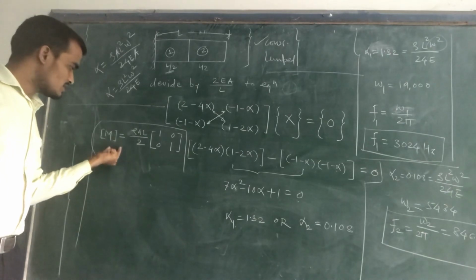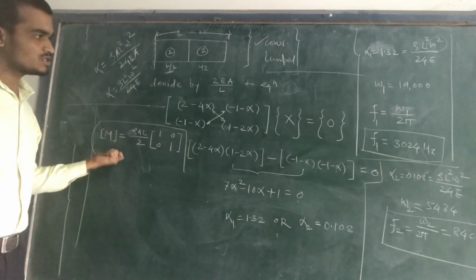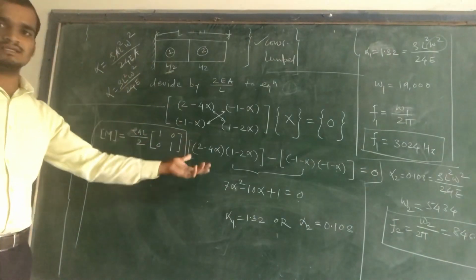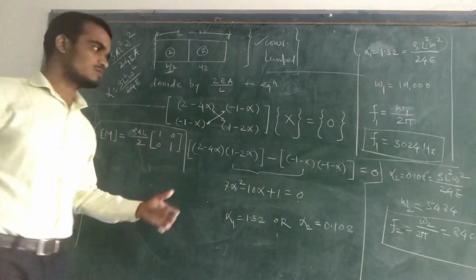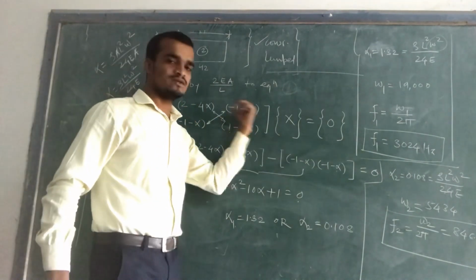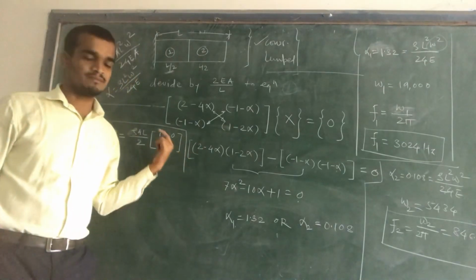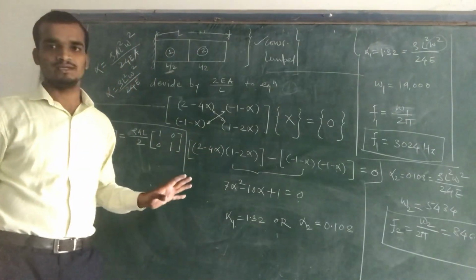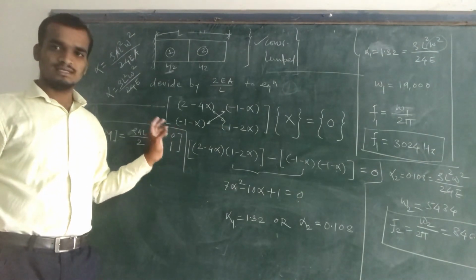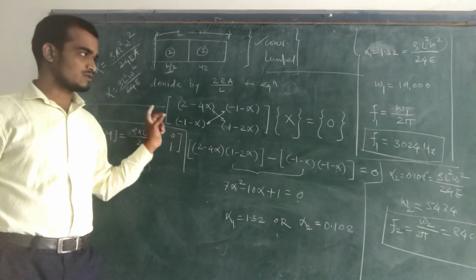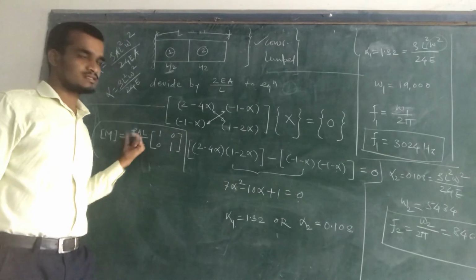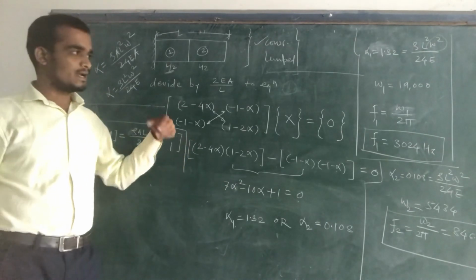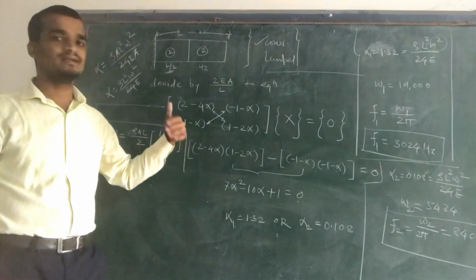Then apply the same procedure and you will get another two frequencies. Try to solve these two frequencies using the lumped mass matrix system at home. This is the homework for you. In the next lecture we will see some different problems.